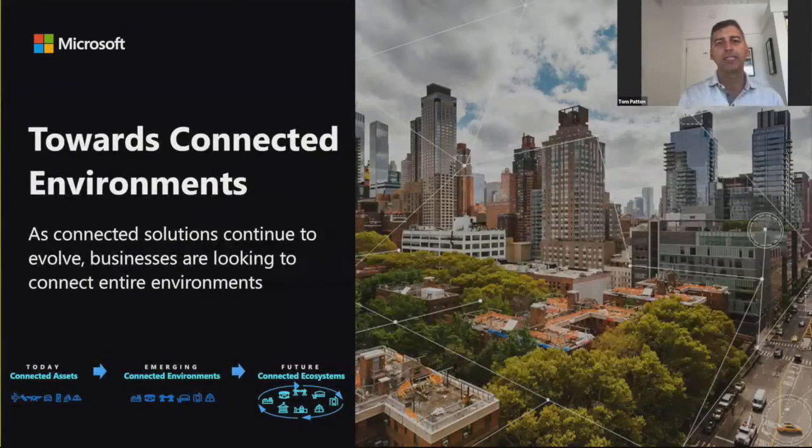And the journey that we see this industry taking is really from, as you can see at the bottom of the slide there, moving from connected assets, so kind of one-off elements, over to connected environments and connected ecosystems. And LoRaWAN is a key component for us, and partners like MachineQ and CoreKinect are key partners to help us realize for our customers that vision around connected ecosystems.